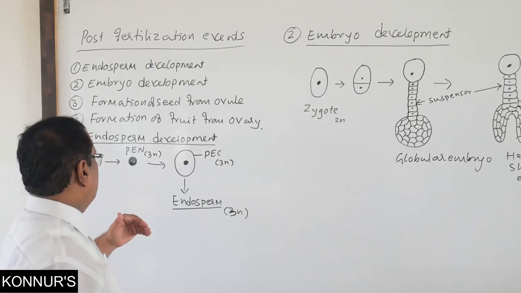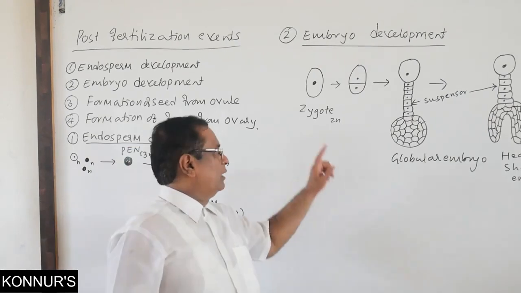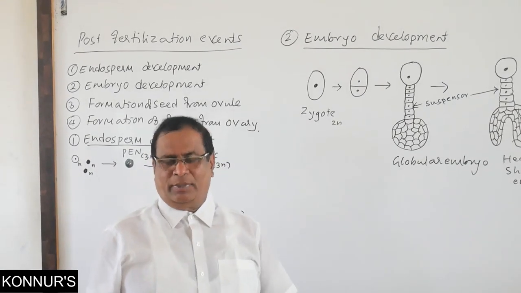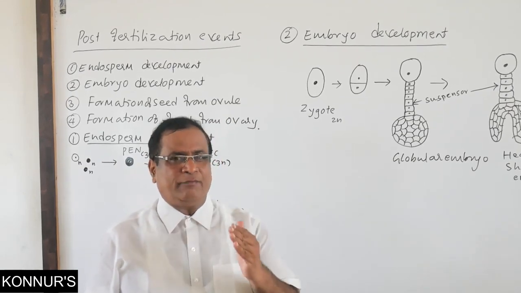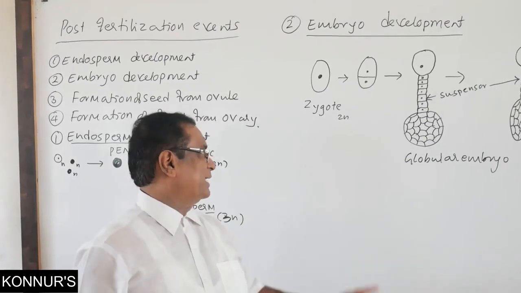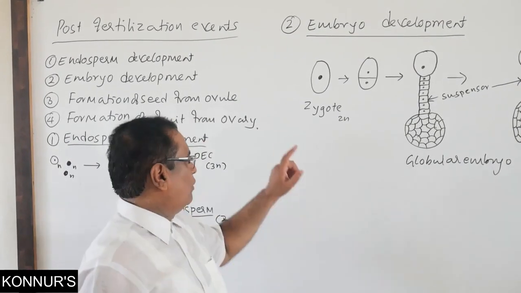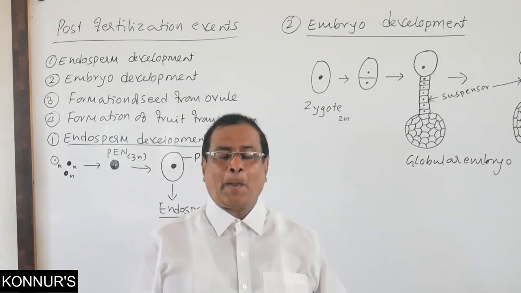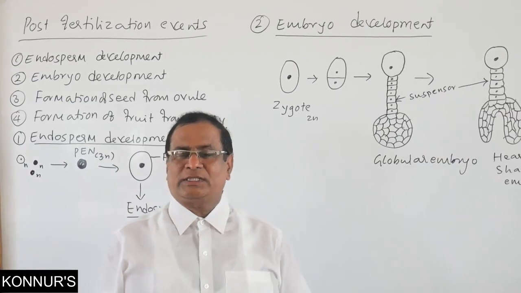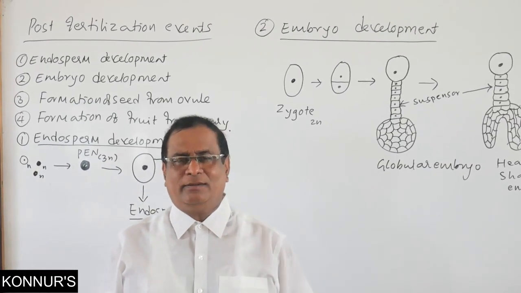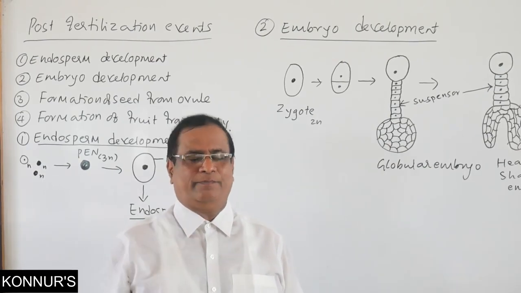The second event, that is embryo development. Already the zygote is formed by the fusion between haploid male gamete with haploid female gamete, that is egg cell, during the process of syngamy. And once the zygote is formed, its development into embryo starts only when the endosperm gets developed.